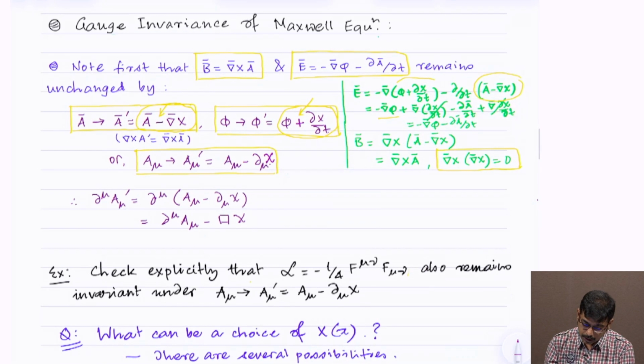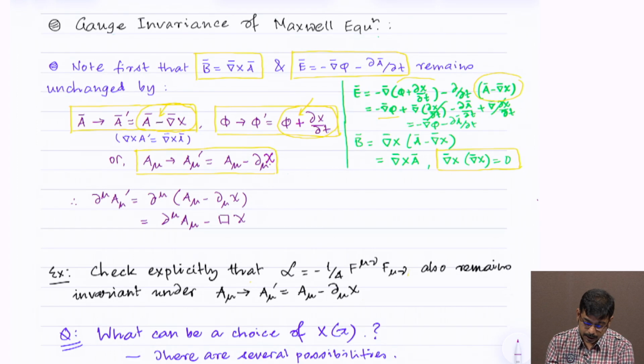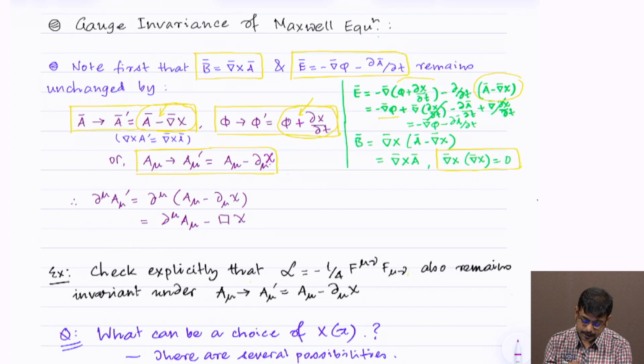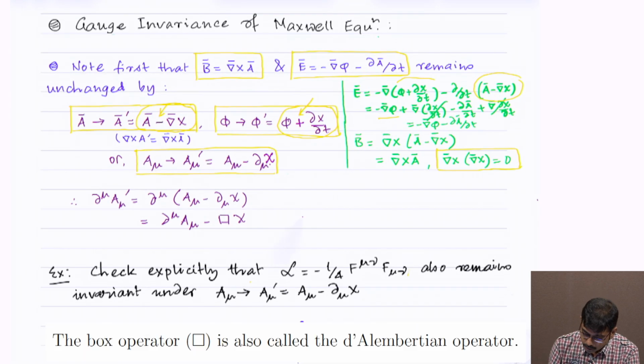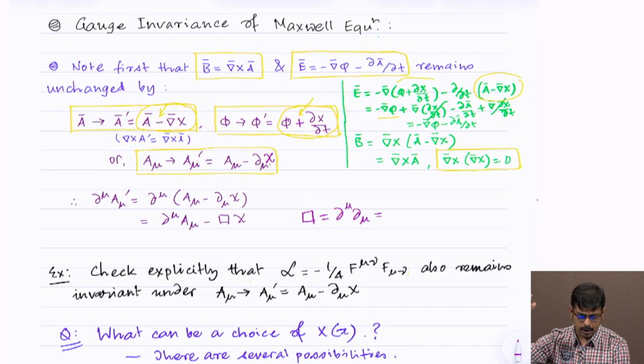So, therefore, what you actually have is ∂_μ A'^μ, which will be actually ∂_μ of A^μ minus ∂^μ χ. So, ∂_μ A'^μ becomes ∂_μ A^μ minus box of χ. Now, this box is nothing but, you remember, this was ∂_μ ∂^μ.